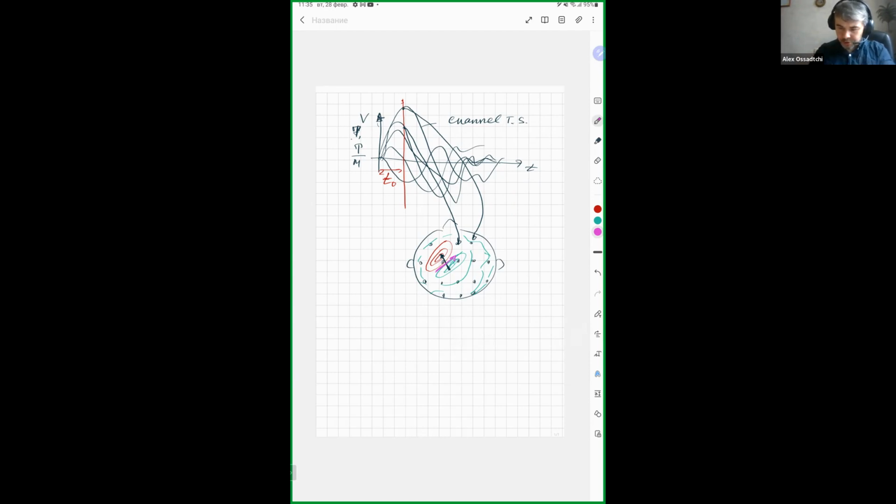By agreement, we just agreed to do this: where it's negative, it means that the field is leaving the head, and at this point the field is returning to the head. Okay, so it rotates this way, and that's why, if you are measuring magnetic field, your dipole is oriented in this direction.